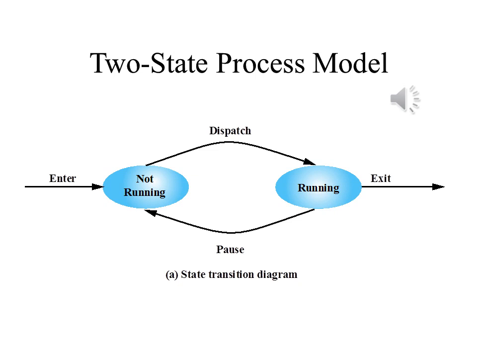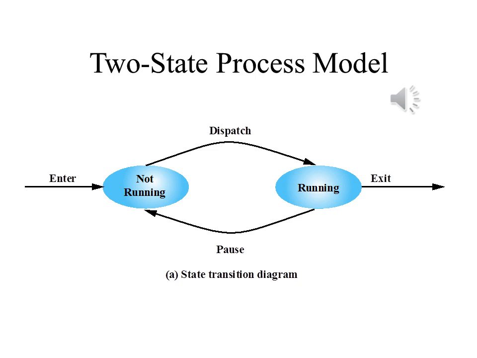In this model, a process may be in one of two states, running or not running, as shown in the figure. When the operating system creates a new process, it creates a process control block for the process and enters that process into the system in the not running state. The process exists, is known to the operating system, and is waiting for an opportunity to execute.